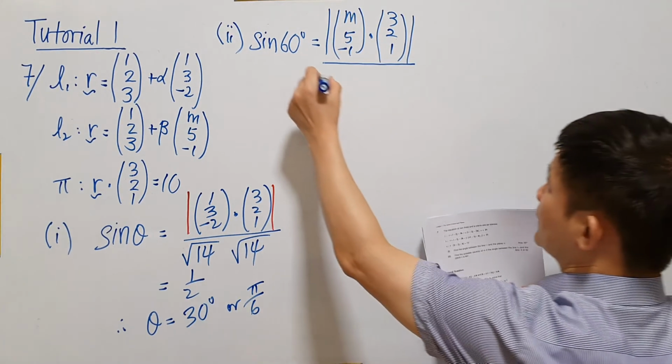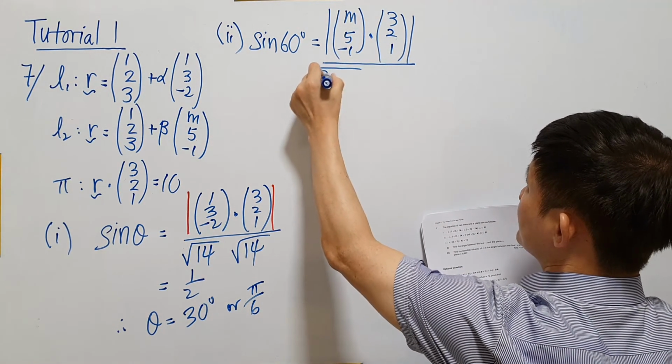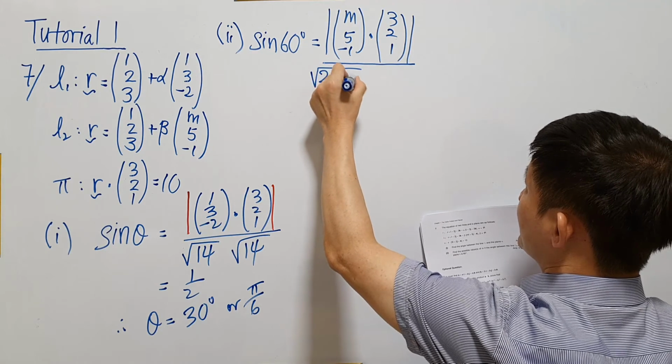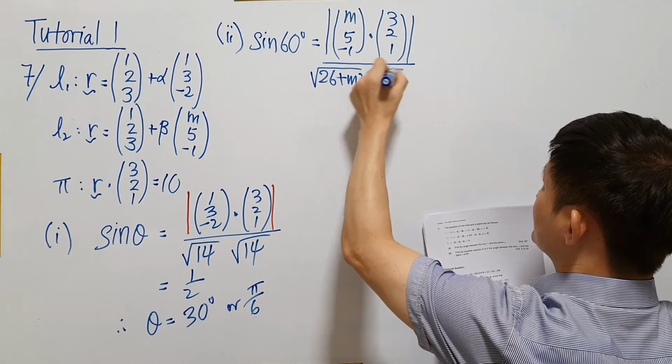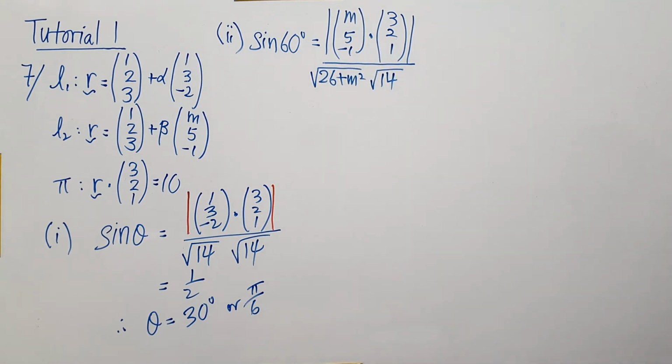This gives you the square root of 26 plus m squared, and this gives you square root 14.